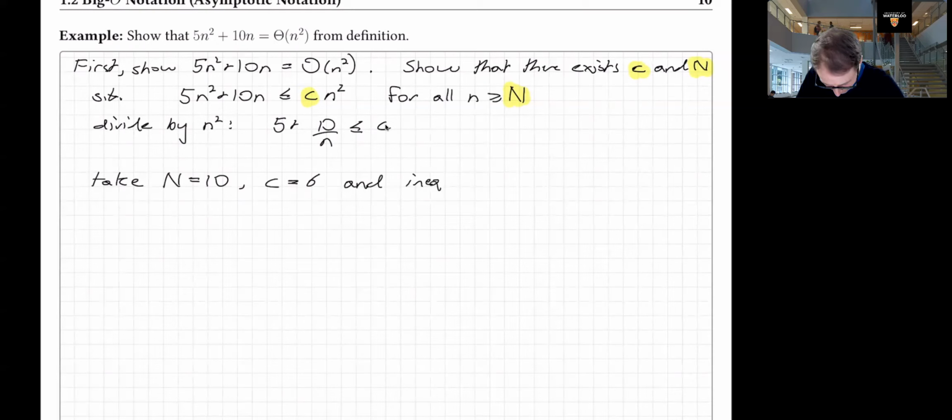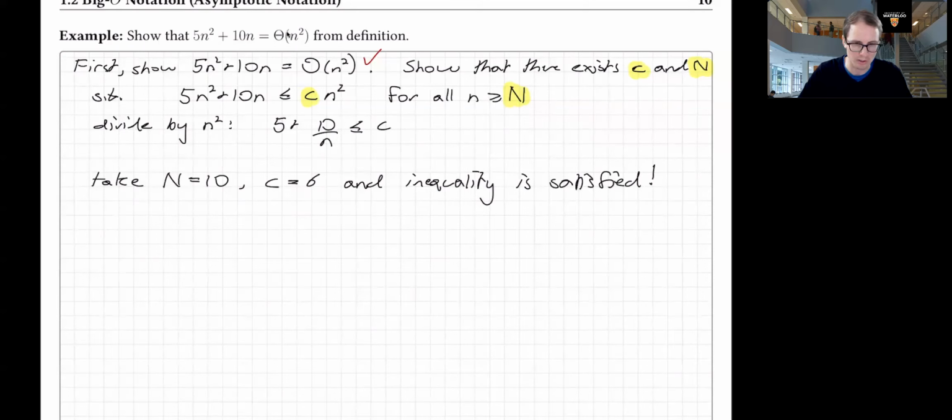And the inequality holds, so now we know we've established this part. Now we want to in the end show that it's big theta, right? So we should also show that it's in big omega of n squared. So now let's go second.